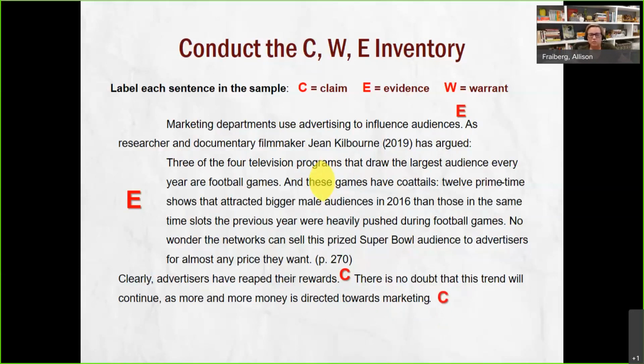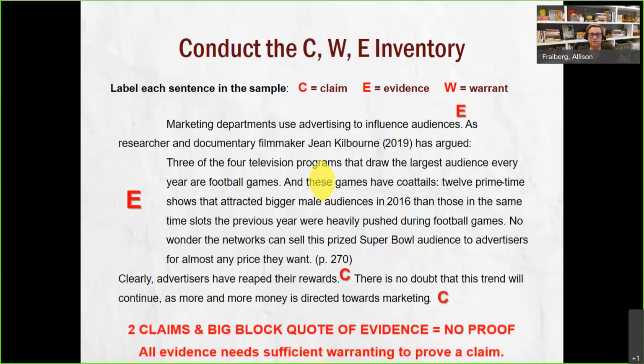If I just toss a big chunk of evidence in there, it's going to do all the heavy lifting. And you know what? It doesn't. It does nothing. Evidence just sits there until you explain it. And I've done no explaining here. There's no warranting. This is not good.